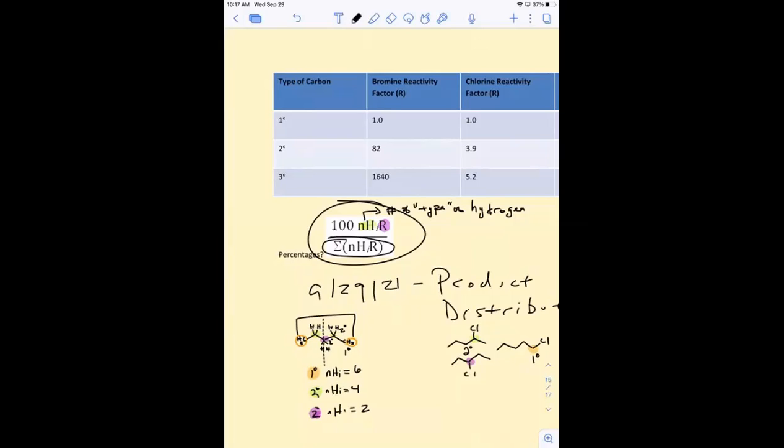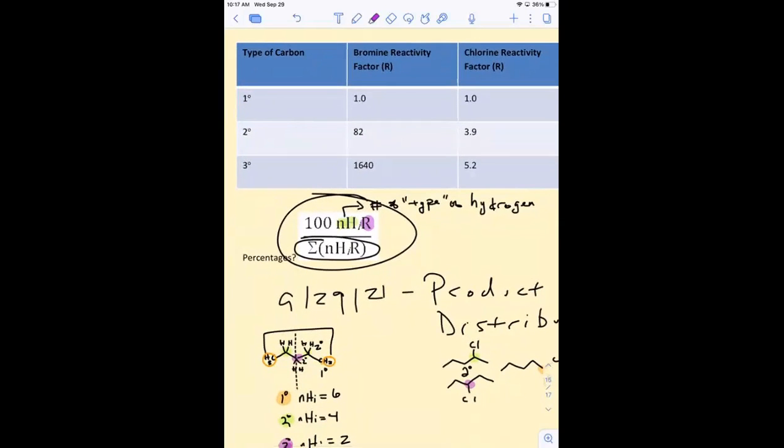And so that's why when you look at the reactivity factor, the number goes up from primary to secondary to tertiary. The reactivity is increased because the radical itself, once you form it, is more stable as a tertiary. So the radical stability follows the same trend as carbocation stability. All right.